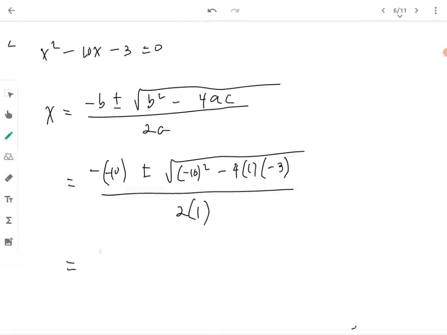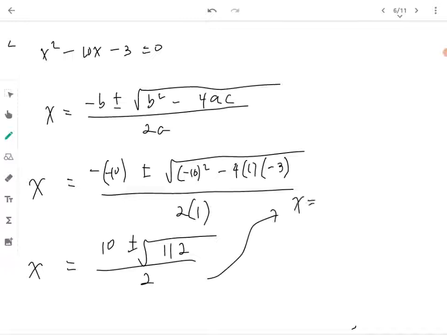Okay, so negative 10 becomes positive 10 plus minus, and this gives us 112 all over 2. So we can split it now into 2. The first one is x equals 10 plus square root of 112 all over 2, and that gives us the plus, because we have plus minus here.